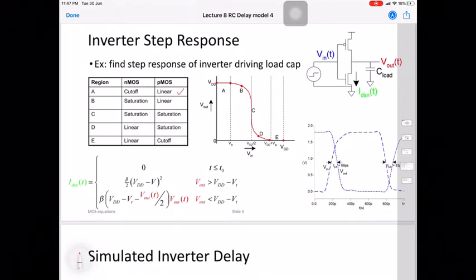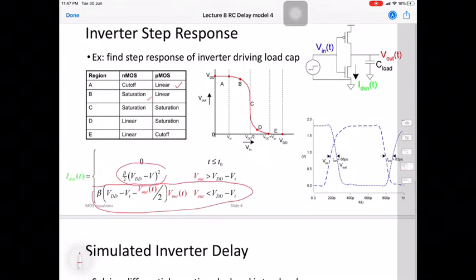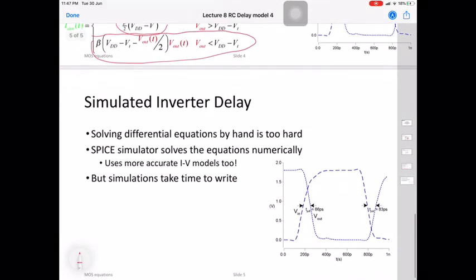In region B, the PMOS is in linear and the NMOS is starting to turn on and it is in saturation. C is the midpoint. When the transistor is in the linear region, the equation is this, and when the transistor is in saturation, the equation is this. Proper sizing will allow the transistor to have equal rise and fall time.